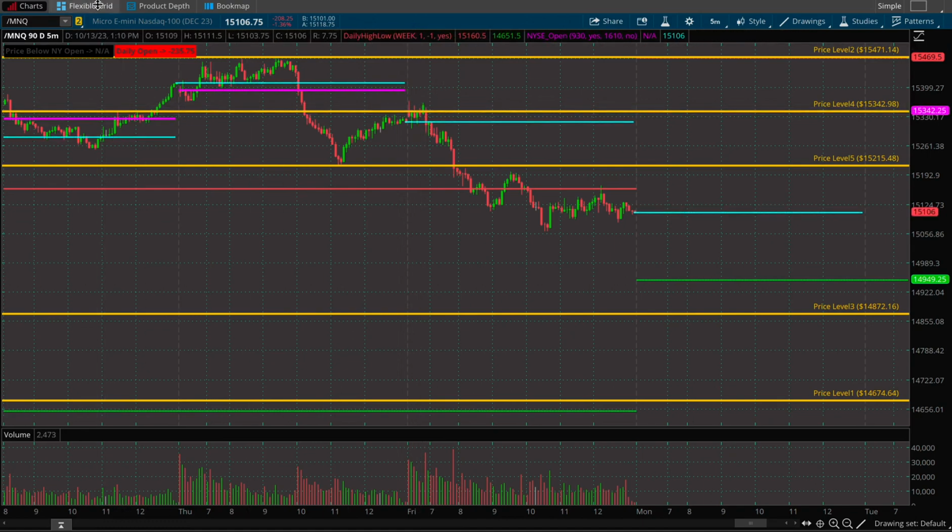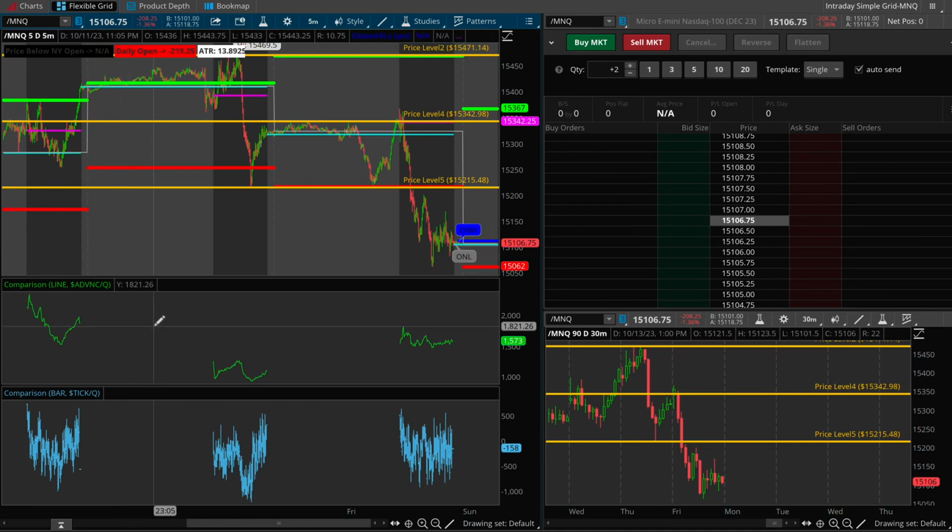Now let's go to my flexible grid here, and I'm going to focus a little bit more, because it becomes a little bit easier to see here. And here you could see that those levels are auto drawn for me pretty much, that one here and that one there. So the market opened, and I want to focus here.